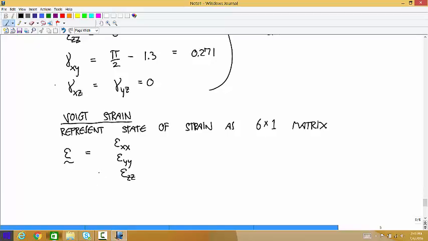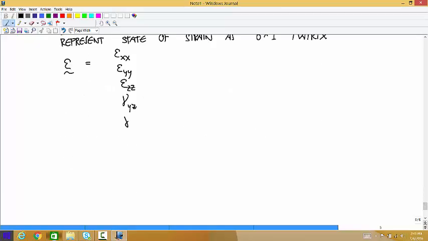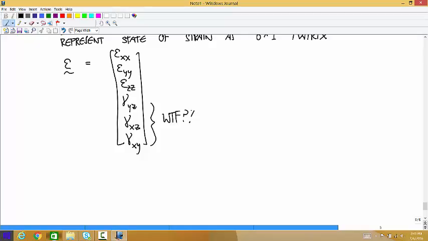And the shear strains go in the exact opposite order of what any sensible person would do. So we'll go gamma YZ first, gamma XZ, and then gamma XY. I don't know. Maybe there's a reason for that, but I don't know what it is. It seems like a very odd choice of order, but Mr. Voigt was the first one to do it, so he got to choose.